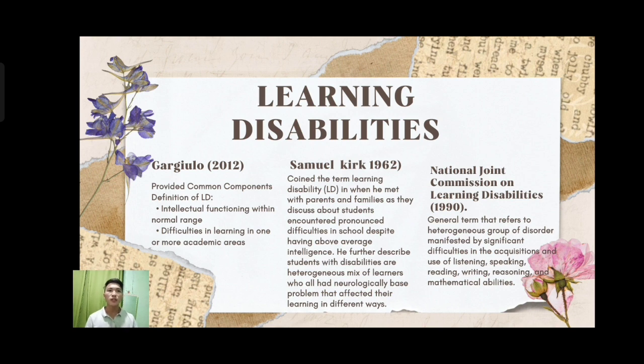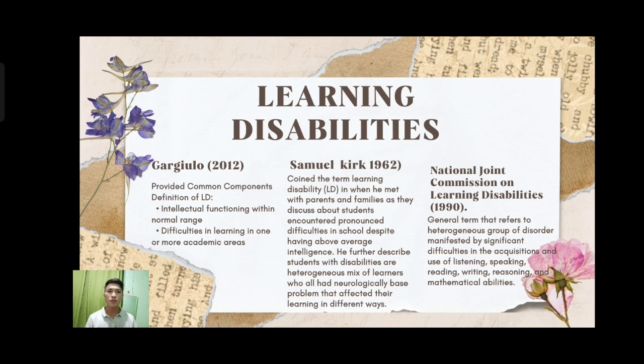Samuel Kirk in 1962 coined the term learning disabilities. When he met with parents and families, they discussed students who encountered pronounced difficulties in school despite having above average intelligence.